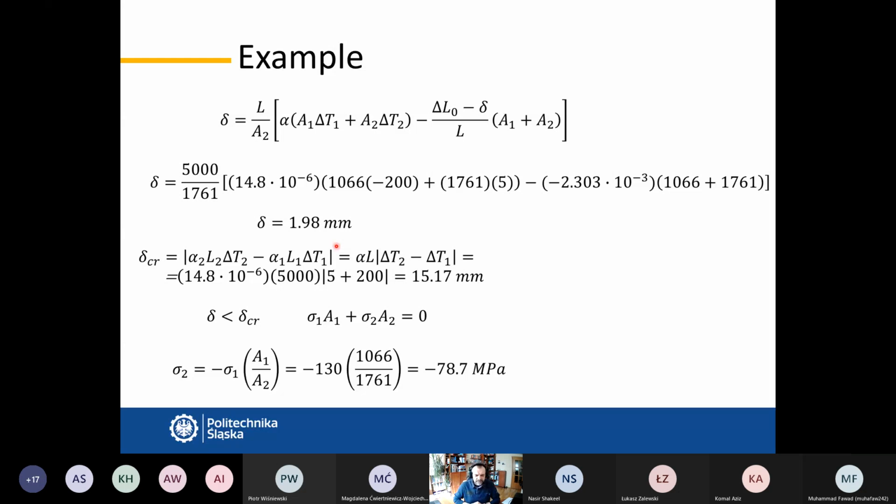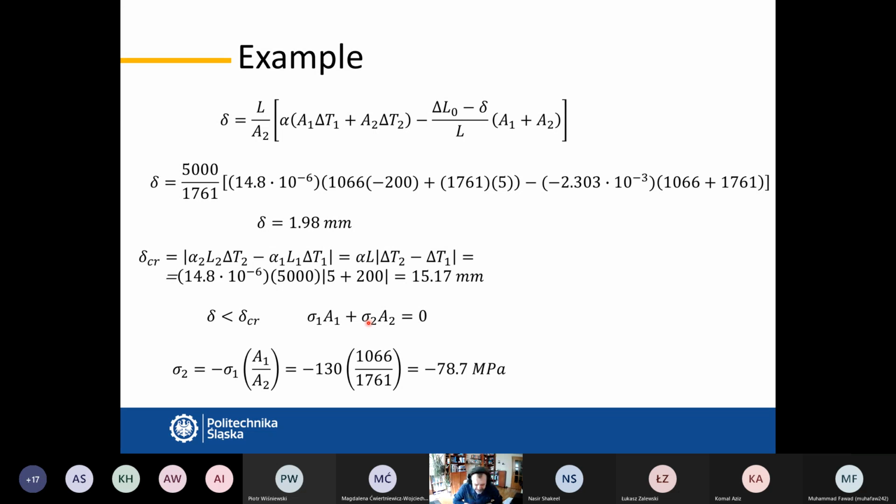Okay, and stress in the second pipe. We know that they come in contact, so the gap that would provide no contact would be 15. We have only 2. So delta is lower than the critical size, so there is an interaction. This is the case which was discussed in the end.